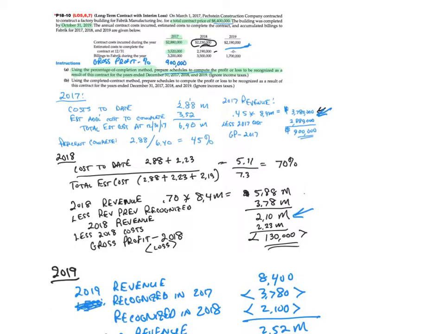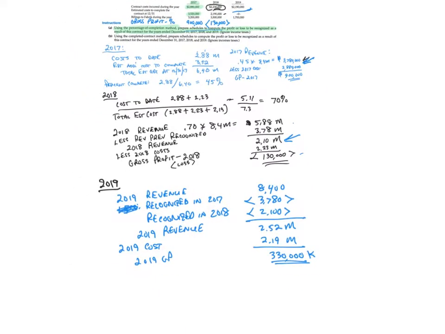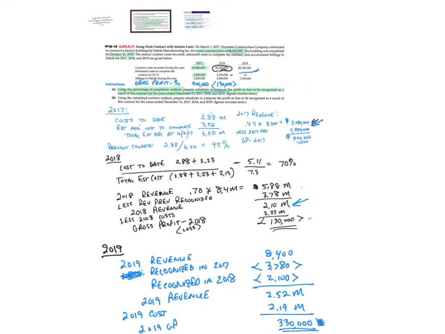It's going to be 130,000 loss for 2018, and it's going to be 330,000 income for 2019. So that is going to be equal to, if you add those across, 1,100,000 total.